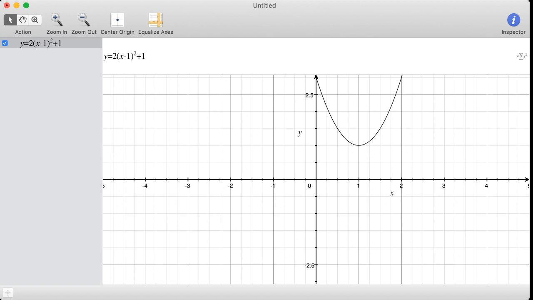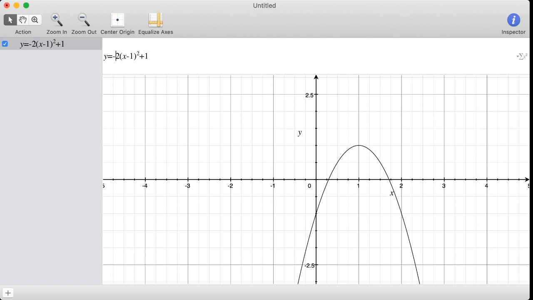As I go further away from 1 in either direction, this term becomes bigger and bigger and bigger. And so the thing expands away from it and becomes a parabola. This shape's called a parabola. If this leading a were negative, it would instead go downwards, as we see now. So this is a wonderful form for a parabola.